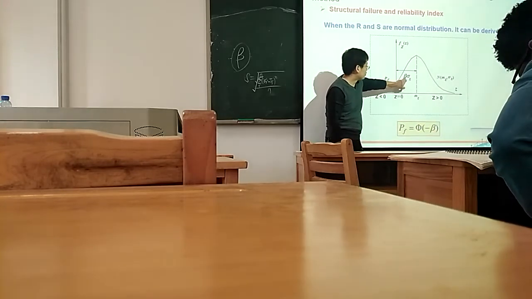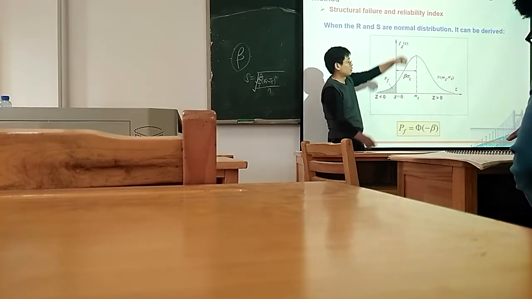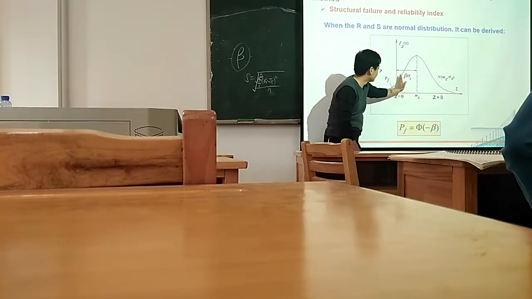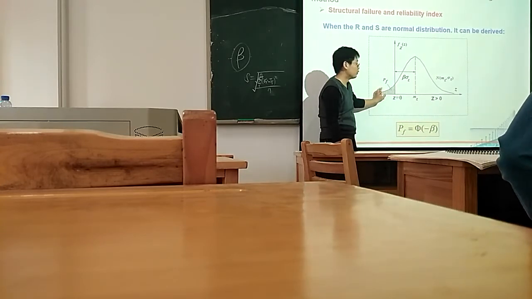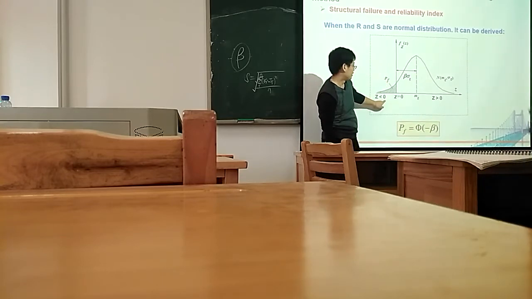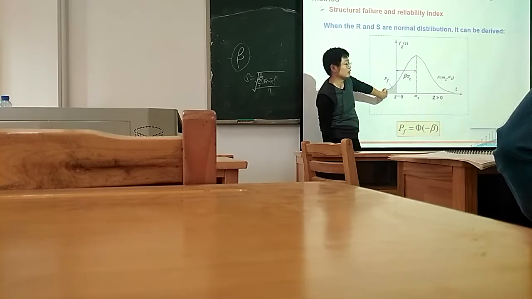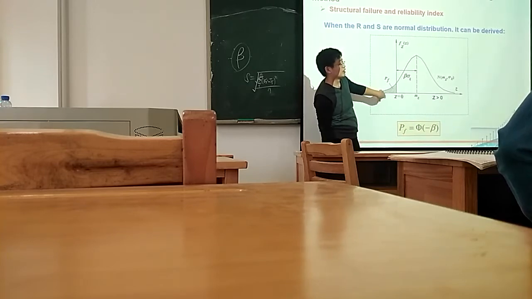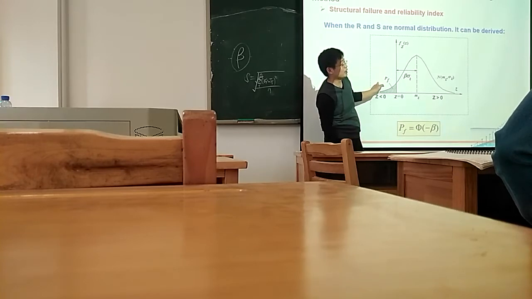Once the value of beta gets larger, the vertical axis moves this way, and that means this area becomes smaller. Z smaller than 0 getting smaller means the structure becomes more stable, with more reliability.